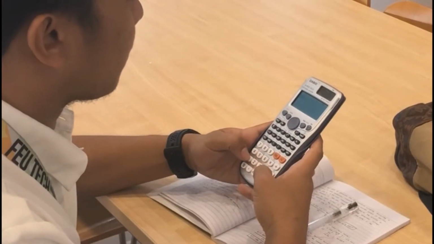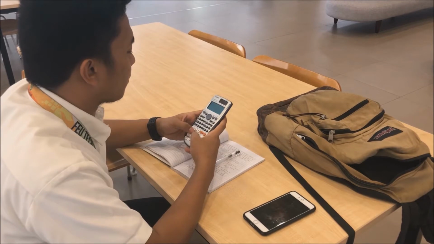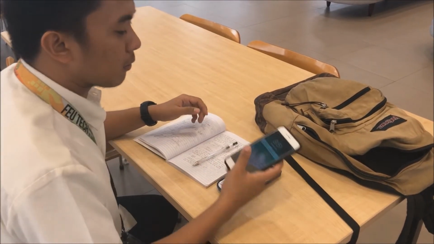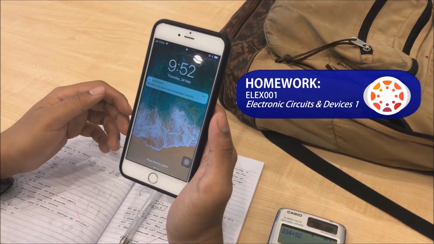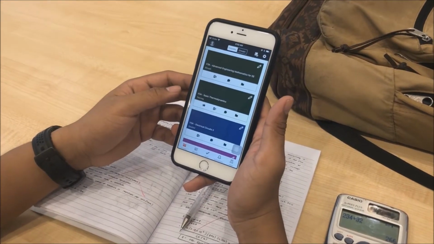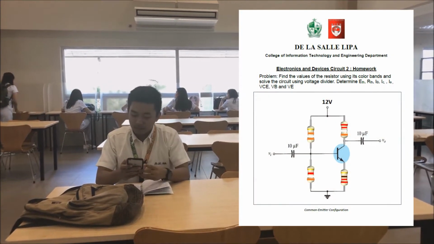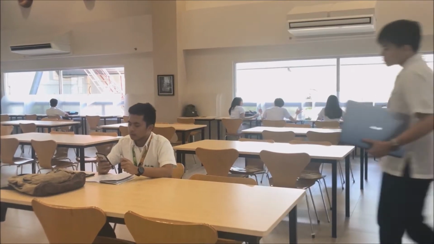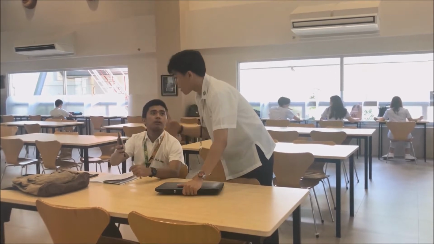Calculator, the weapon and the most commonly used tool in engineering. In good times and bad, we got you.